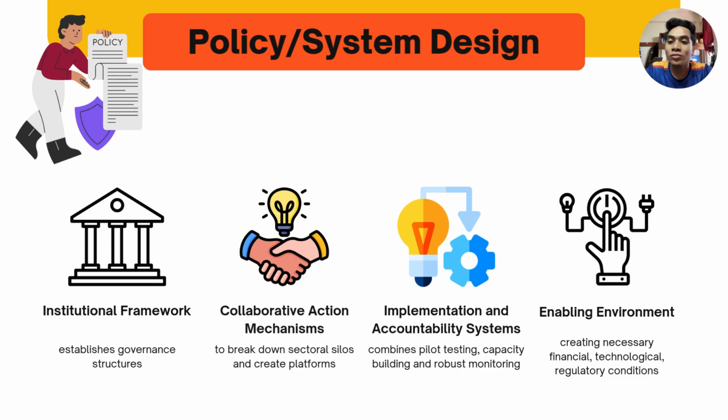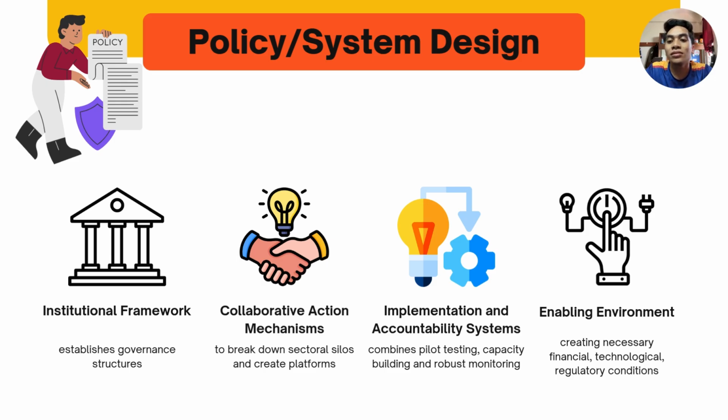And then the second one is the collaborative action mechanisms, which were prioritized to break down sectoral silos and create platforms for ongoing coordination, resource sharing, and joint problem solving. And then the third one is the implementation system that combines pilot testing, capacity building, and robust monitoring to balance innovation with accountability, allowing for learning and adaptation.